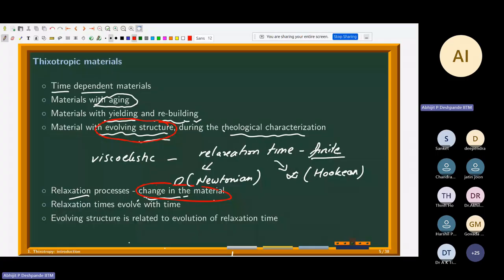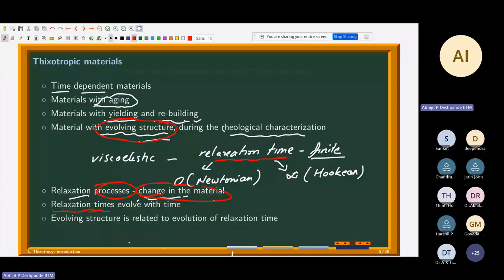But for a thixotropic material, the time-dependent response is because the relaxation processes in the material are changing, and because of this, the relaxation time itself is changing. Generally, for a polymer solution or a melt, the set of relaxation times is fixed.